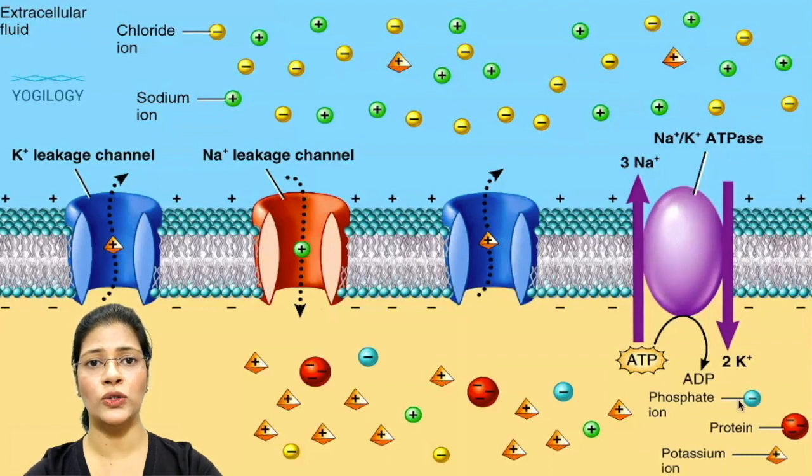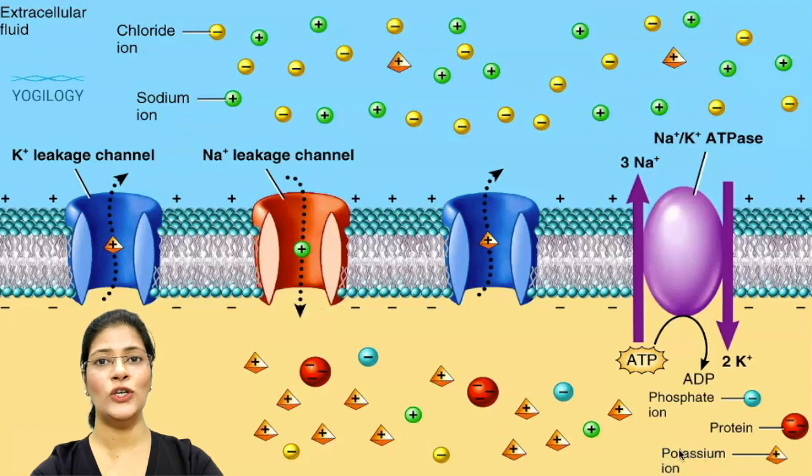Coming to the cytosolic part of the cell, we have the phosphate ions and the proteins, both of which are the anions present in the cytoplasmic side of the cell. And the most prominent positively charged ion is the potassium ion. So let's see how this resting membrane potential arises.